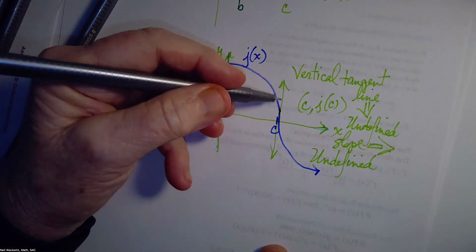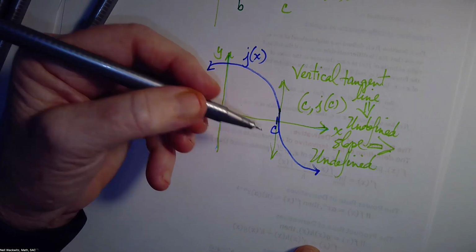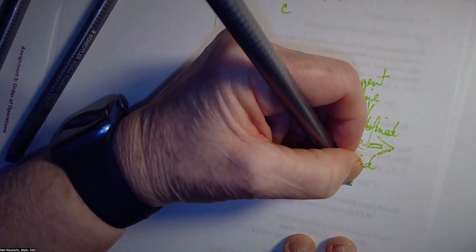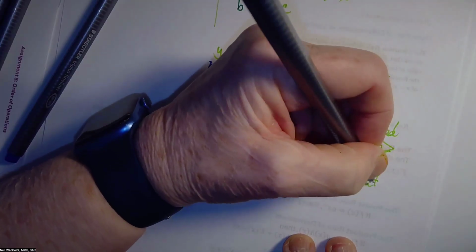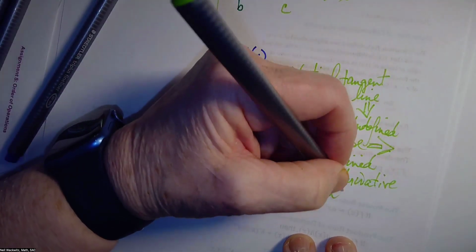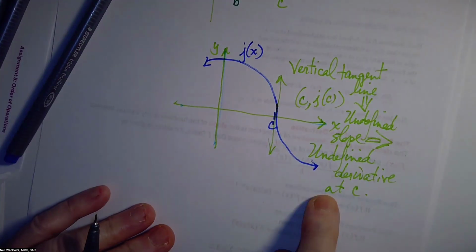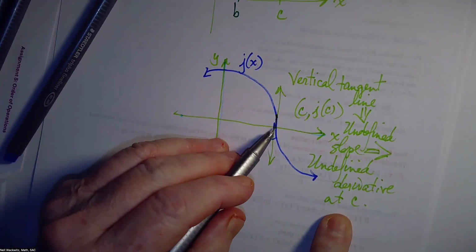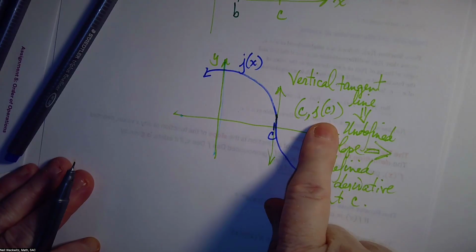Well, if the slope of the tangent line is undefined, the derivative will be undefined. So again, it's just at a particular point, here at c, j of c.